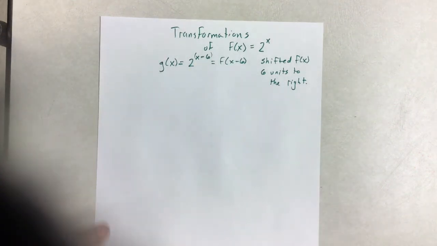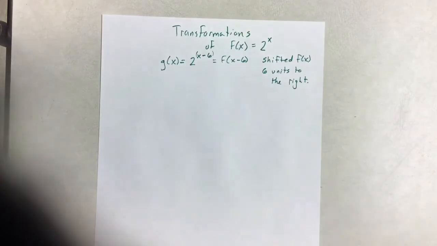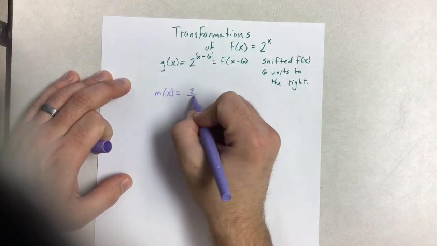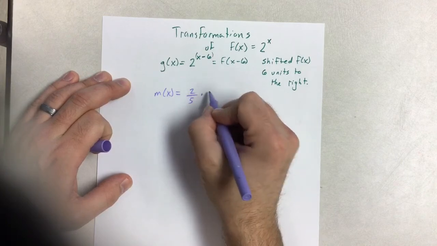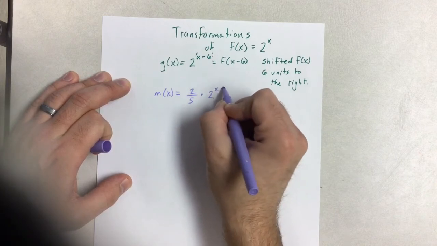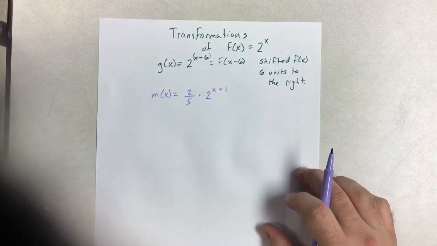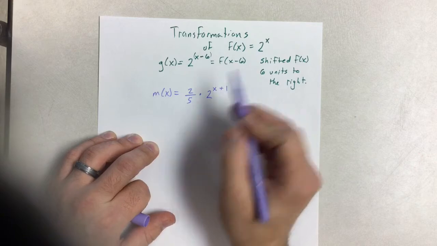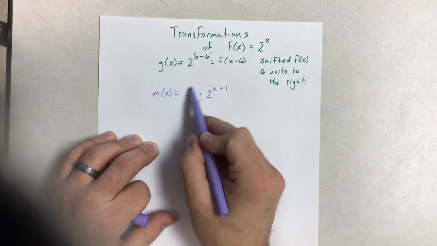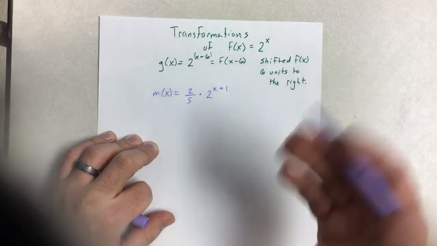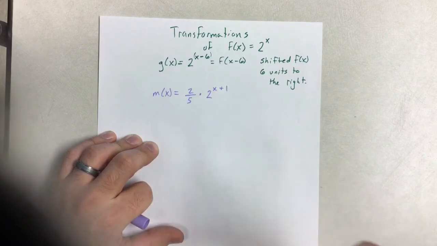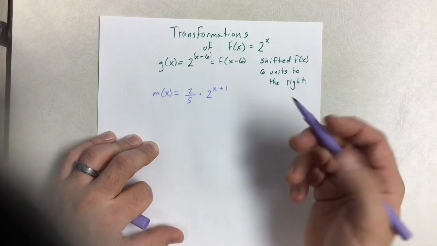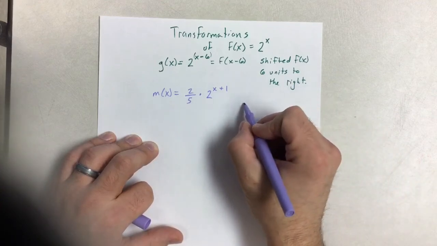And let's examine another. Let's say we have m of x, 2/5 multiplied by 2 to the power of x plus 1. Very similar to the previous, we have some sort of horizontal shift, but we see that we have a factor in the front. We're multiplying by this, so like always, we have a vertical stretch of some sort. So let's write this down.